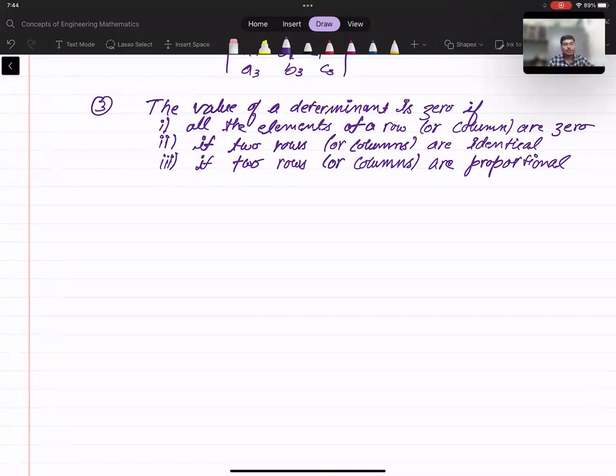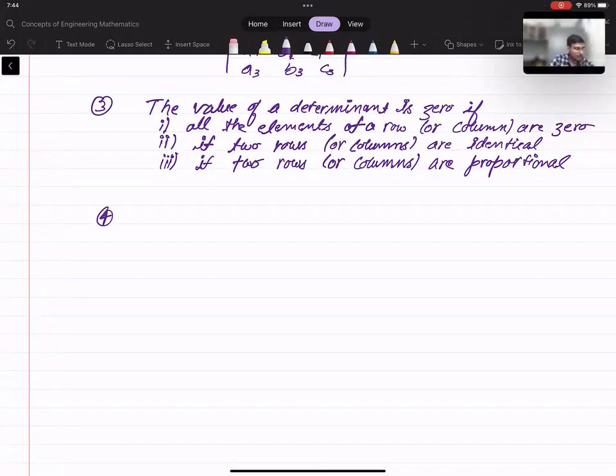Now, the next property is that if any scalar is multiplied to the determinant and it goes inside the determinant, then the scalar gets multiplied to any particular row or column at a time. So what does this mean?